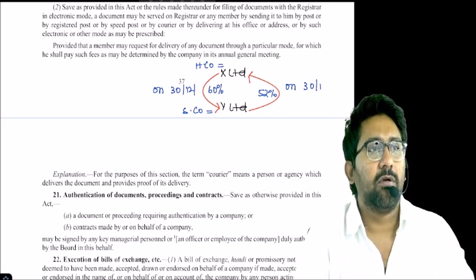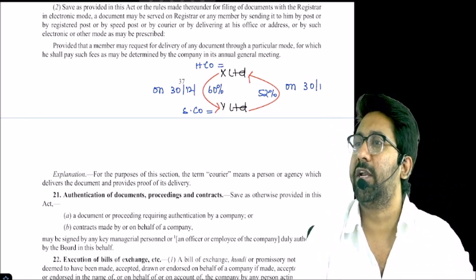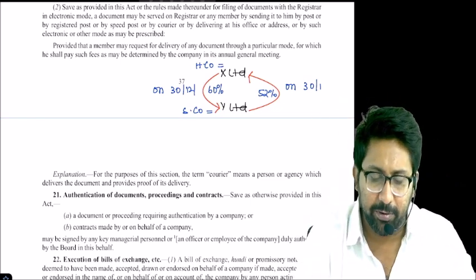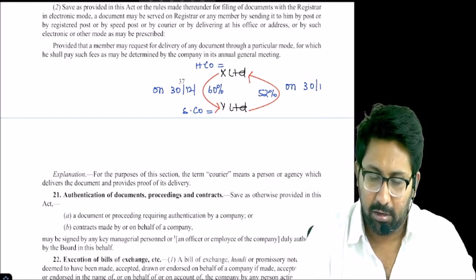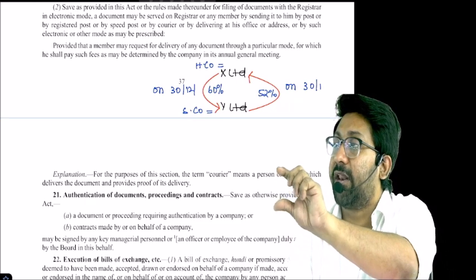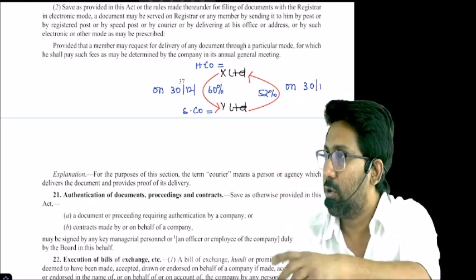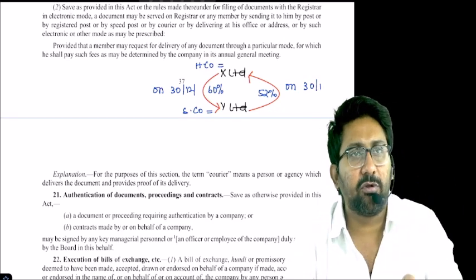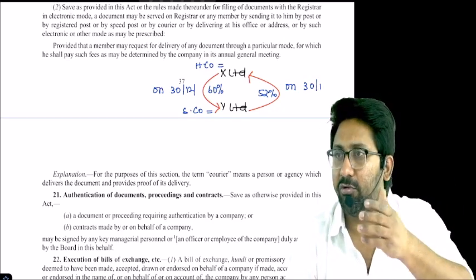That means first we need to check who became holding and subsidiary. Tell me, first who became the holding? If this is possible, you can't create a proper relation between two companies. Who is holding, who is subsidiary means confusion always.